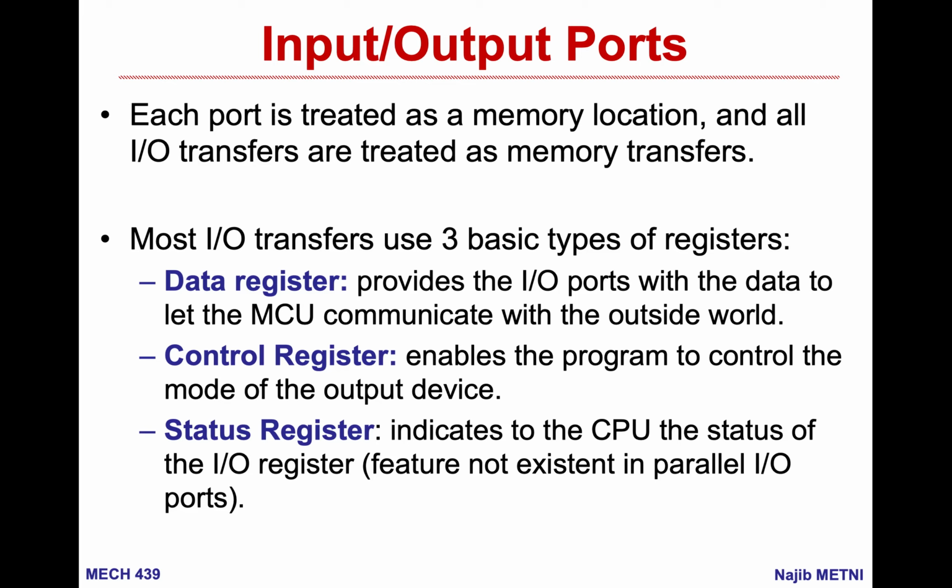All of this control register does not tell me what the level is, if it is high or low. It just points out that this pin is used as input or as output.